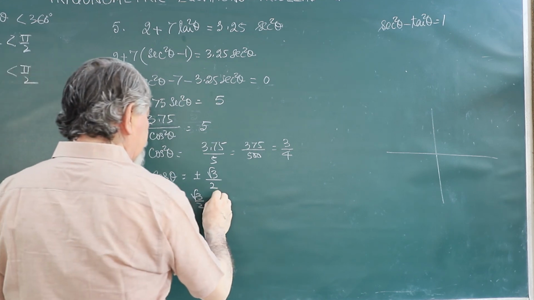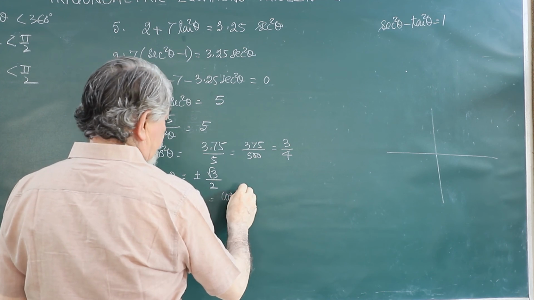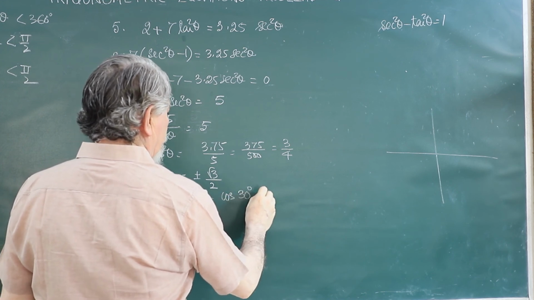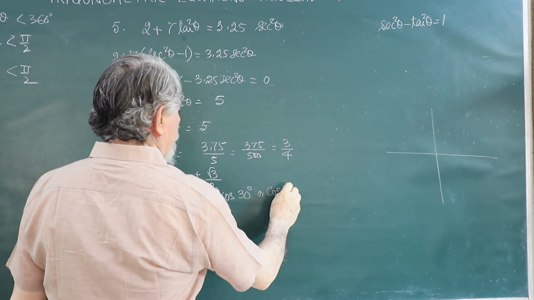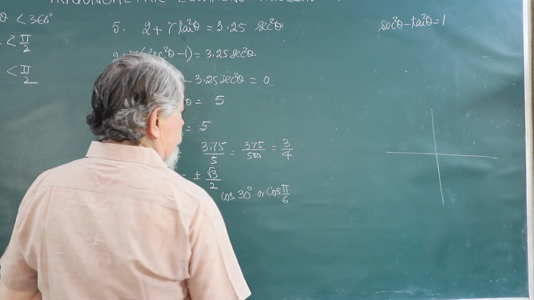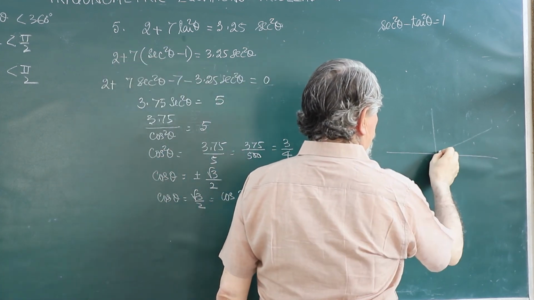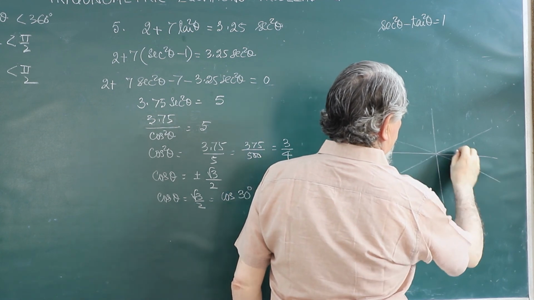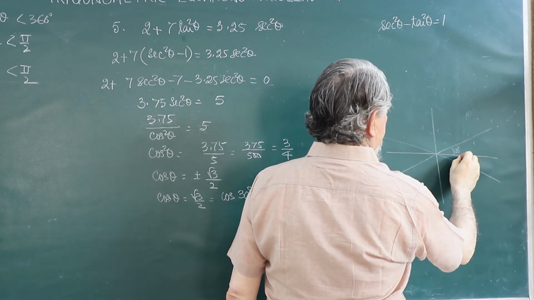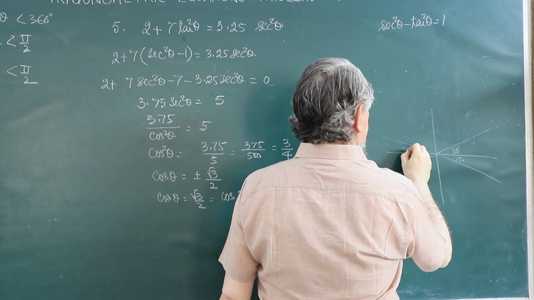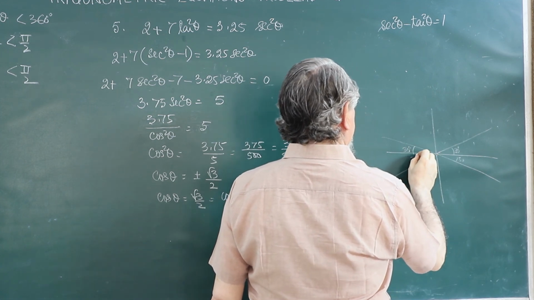Cos 30 means cos pi by 6. So 30 will be on this side also, here also, here. This will be 30, this will be 30, and it is 30 here.